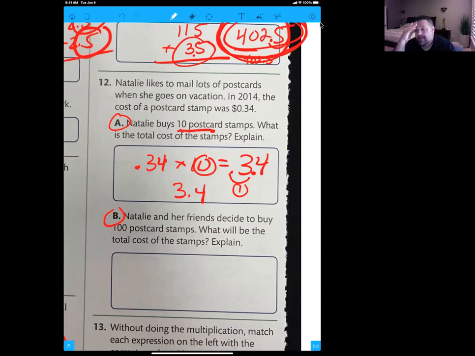I also want you to think about it. If you have 30 cents and you get 10 of something, and you're skip counting 30 cents, your answer has to be around $3, right? So if you mess up the moving of this decimal here, you're going to get less than $3. You're going to get $30. Those don't make sense, right?